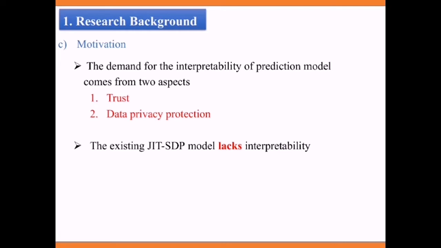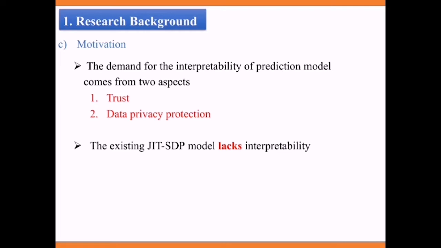in actual software development. Second is data privacy protection. In the application of the JIT-SDP model, if the code changes submitted by a developer are often predicted as buggy by the model, the developer's job opportunities, salary bonus, and so on may be affected.